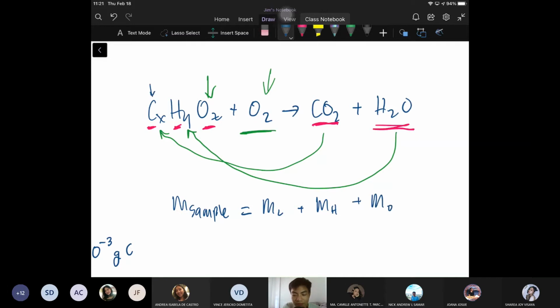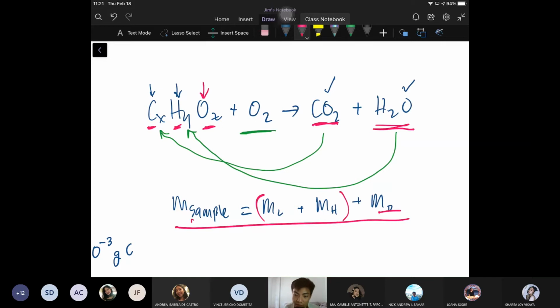So, yung mass neto nakuha mo from CO2. Yung mass neto nakuha mo from H2O. So, if you want to determine the mass of oxygen, use this formula na lang. No? So, mass sample equals mass carbon, mass hydrogen, mass oxygen. So, basically, i-subtract mo lang yung sum neto dito, you will get the mass oxygen. Ayun lang. Yun lang yung step na sinasabi ko sa inyo, additional step.